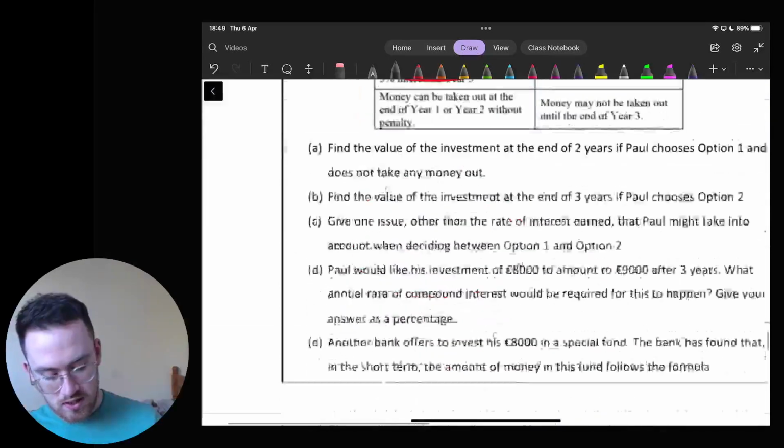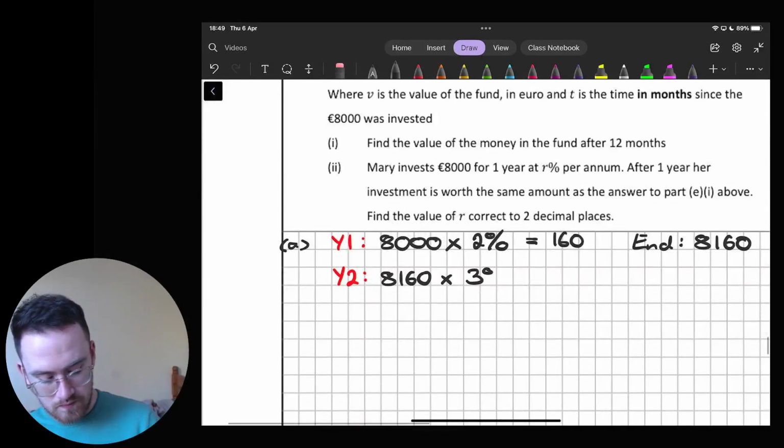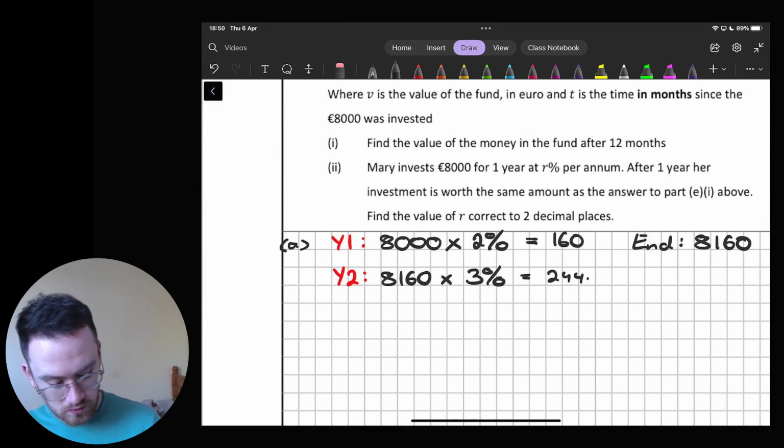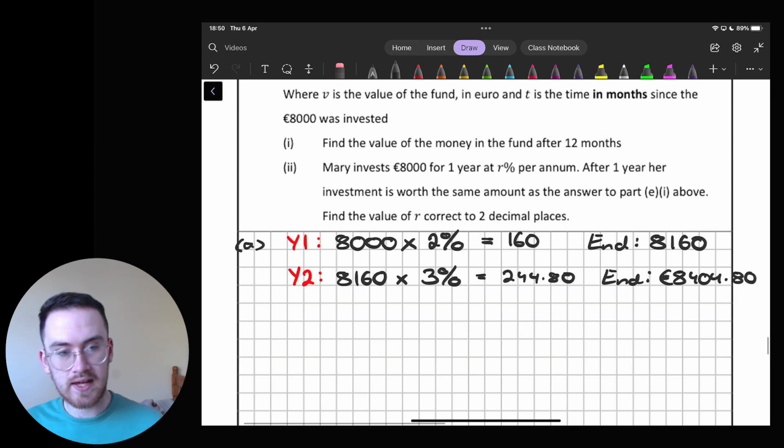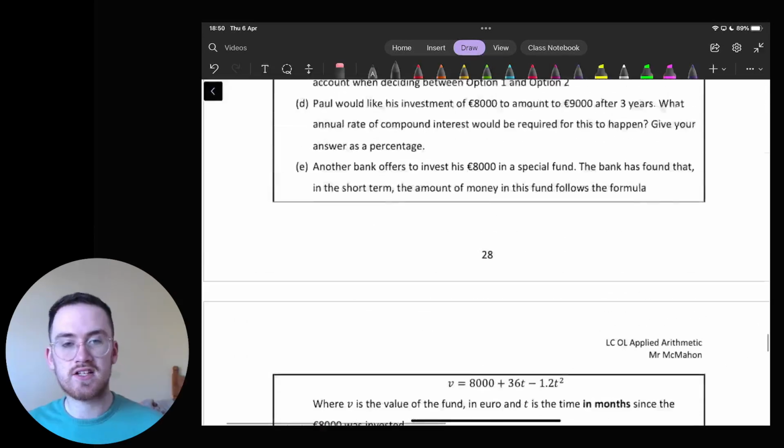My interest rate now is 3% for the next year. So my interest for this next year is 244.80. And at the end of that second year, I will have 8160 plus the 244.80, which gives me 8404.80. Okay, at the end of that second year.